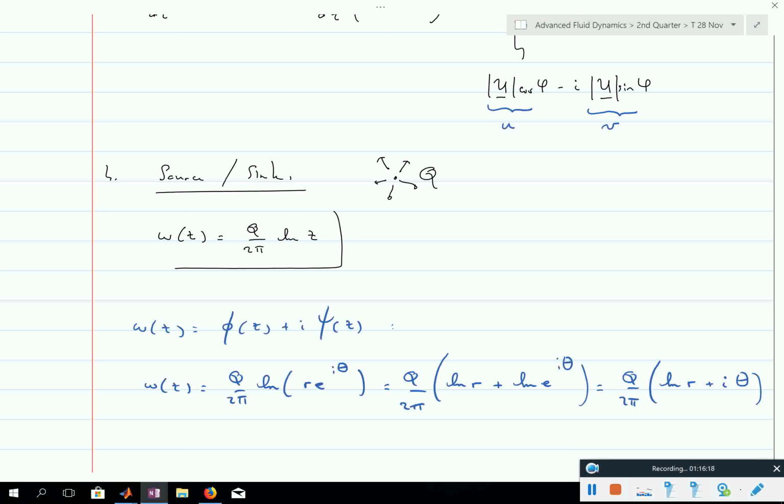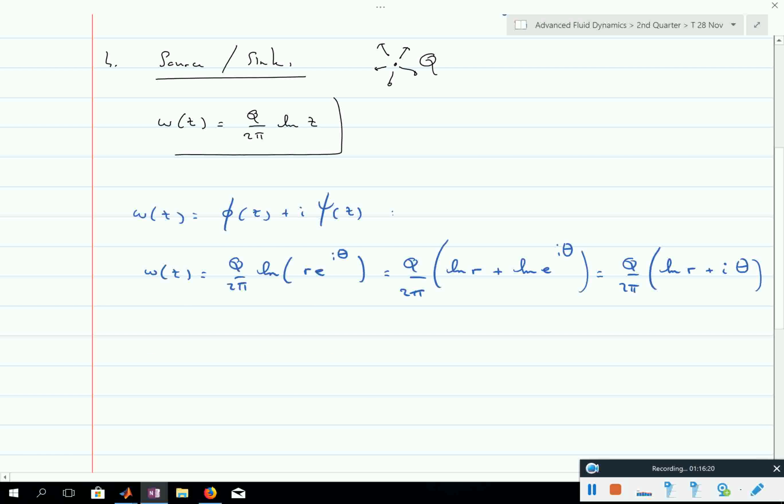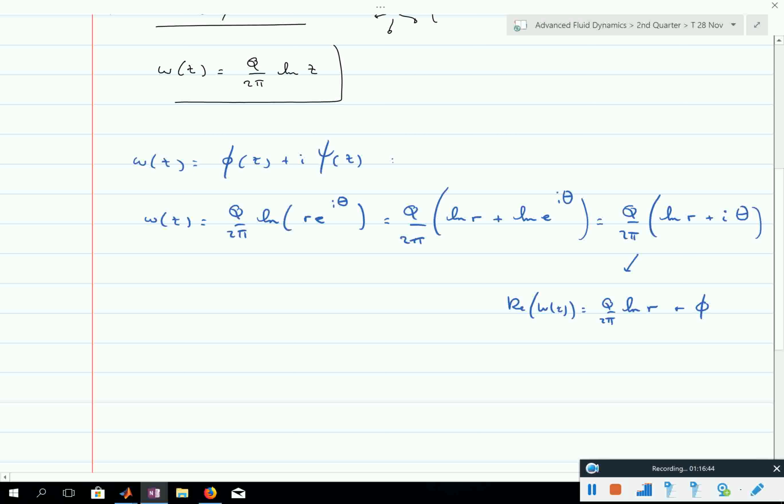Just note that the real part of omega of z is indeed Q divided by 2 pi times log of r. Does that correspond to the definition we have for the real potential? Yes, right? This is really the same as for the real potential.